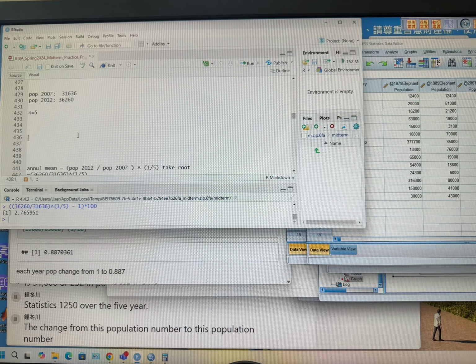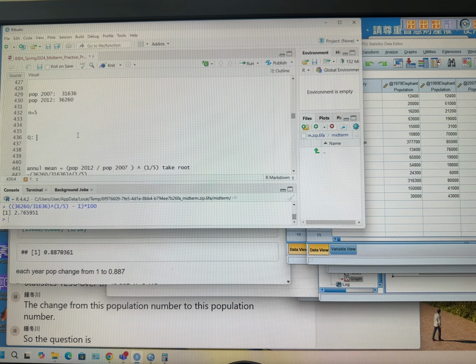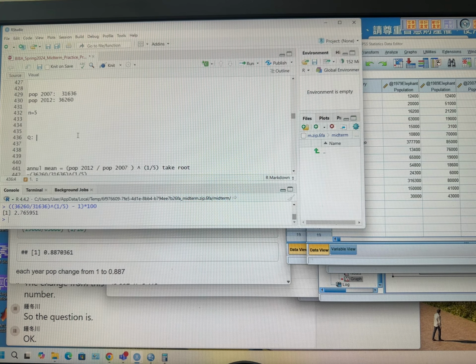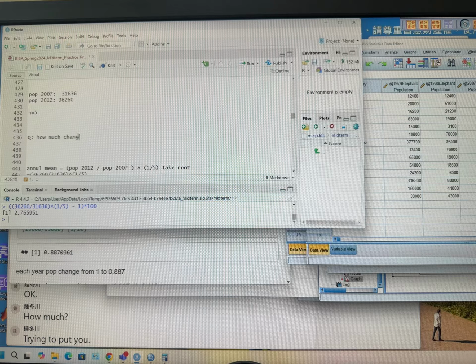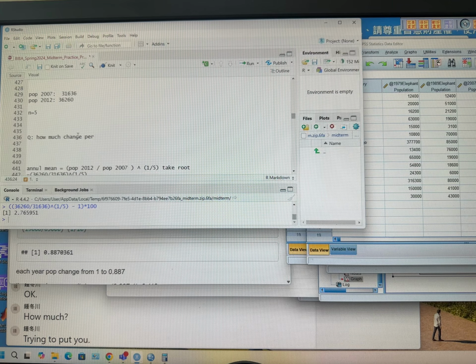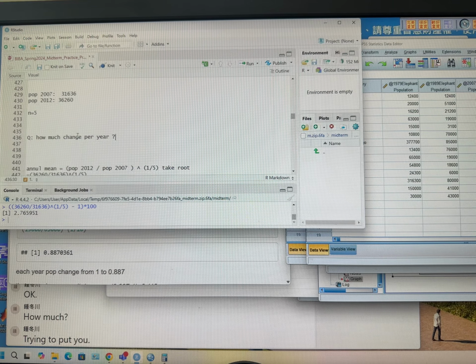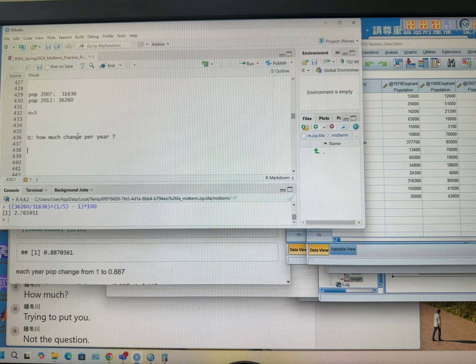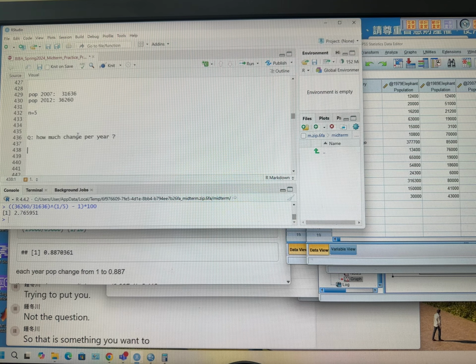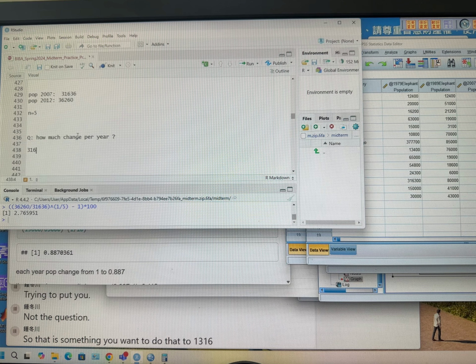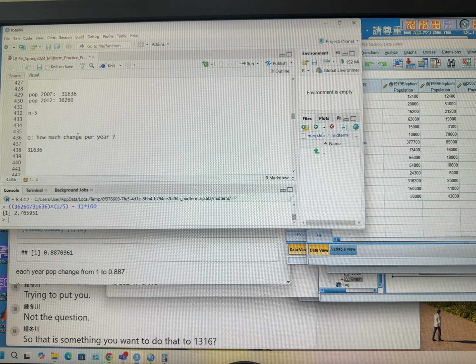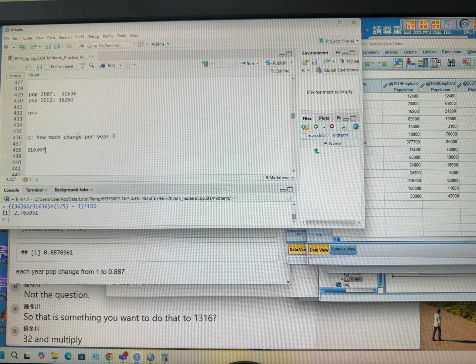So the question is, how much does it change per year? That's the question. So you want to take the 2007 value, 31636, and then multiply by some number you don't know.